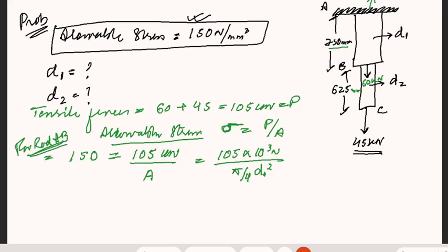So you can calculate D1. Do the calculations quickly and tell me how much is your D1. Quickly.